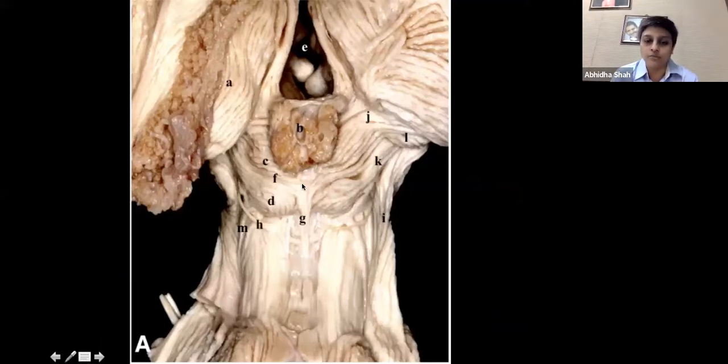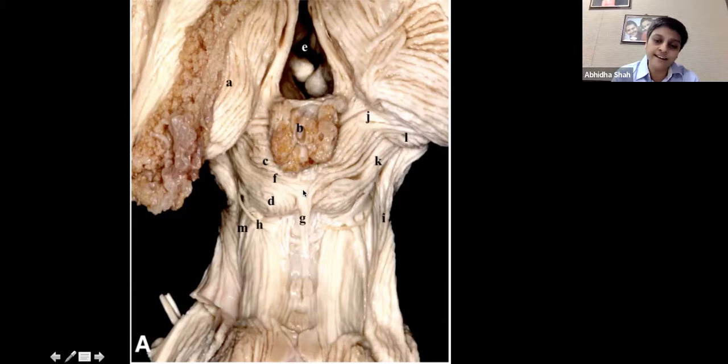Now when we look at it dorsally, when you remove the cerebellum, this part of the brainstem gets uncovered. So now you can see the fibers in this region. First of all, this is the pineal body as it rests in this depression between the superior colliculi. So this C structure is the superior colliculus. This is the inferior colliculus.